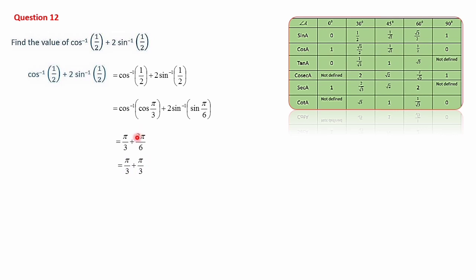I am not showing the calculation here because it is quite simple. So pi by 3 is the first part, and here we will get pi by 3. Now we can take 3 as the LCM. Since the common LCM is there, 3 pi plus pi will be added in the numerator. So 2 pi by 3.